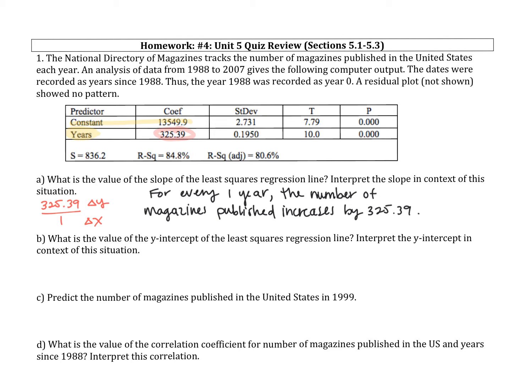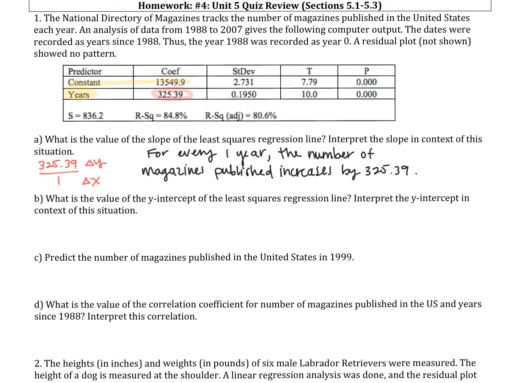And of course, that variable, the number of magazines published, wasn't given to us. We had to look inside the context of the problem to find that. So that might happen. What is the value of the y-intercept? All right, there it is. Remember way back and always with linear equations, the y-intercept is when x equals 0. So your y-intercept is 0, 13,549.9.